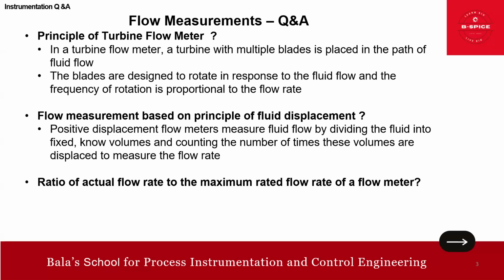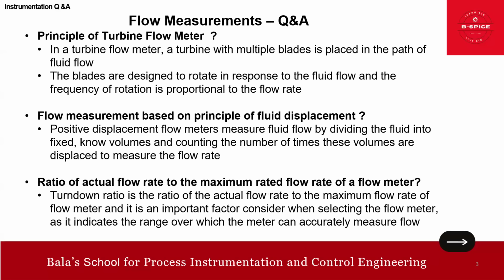That's it. Then one terminology, this is a twisted question. See, the ratio of actual flow rate to the maximum rated flow rate of a flow meter. What is this? Have you heard about this? Yes, it is nothing but turndown ratio.